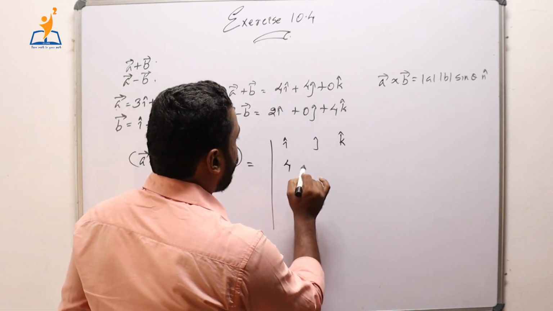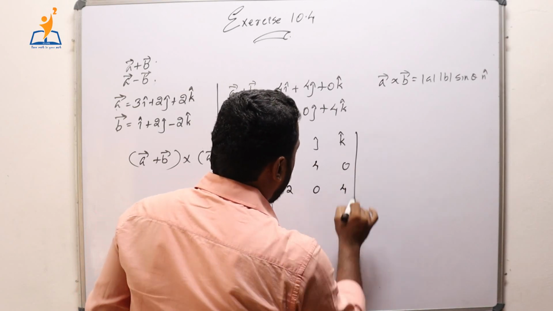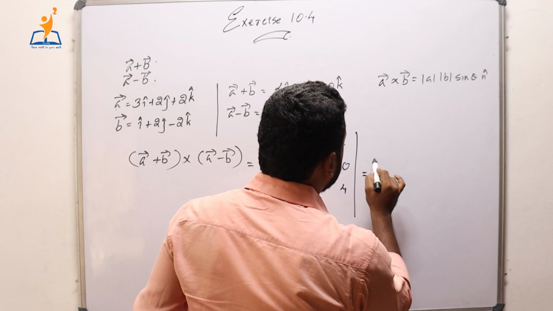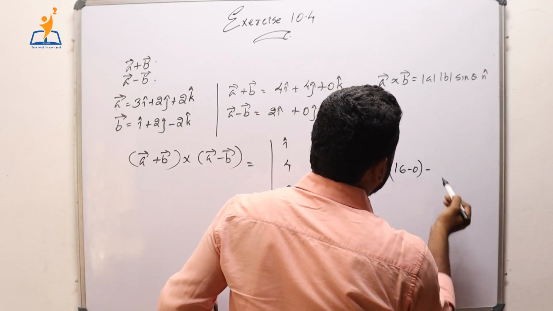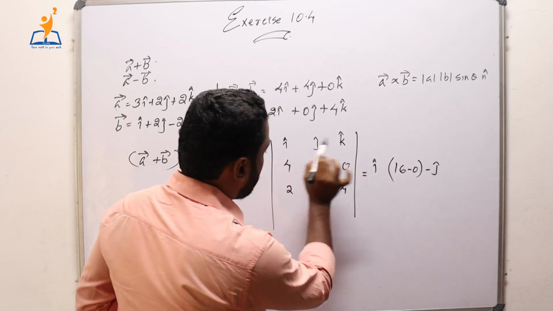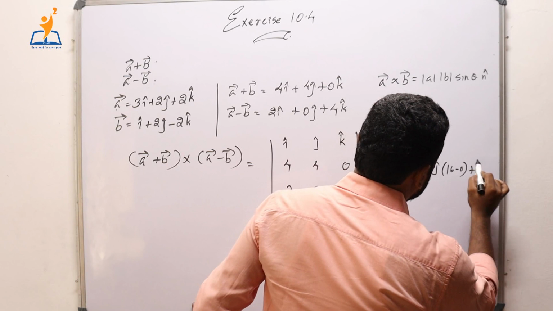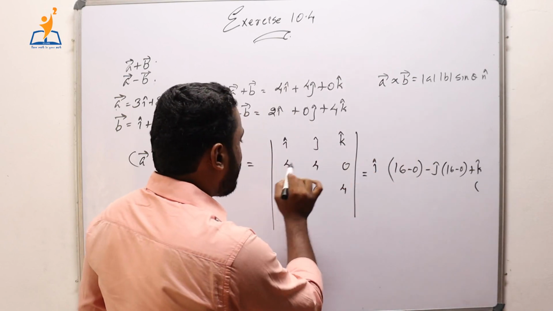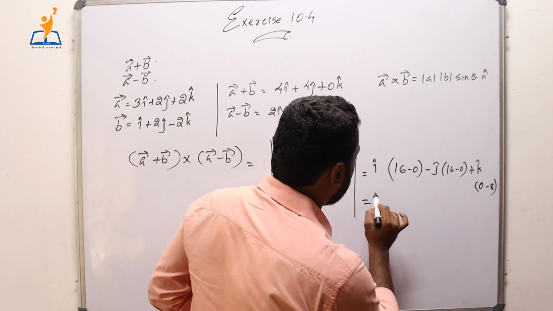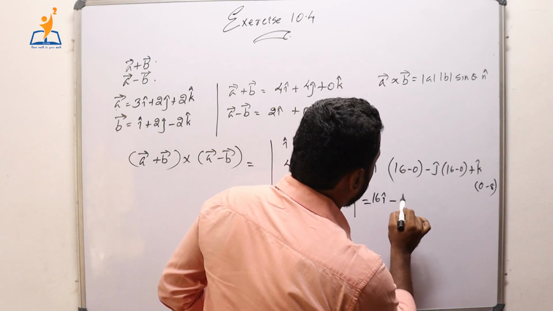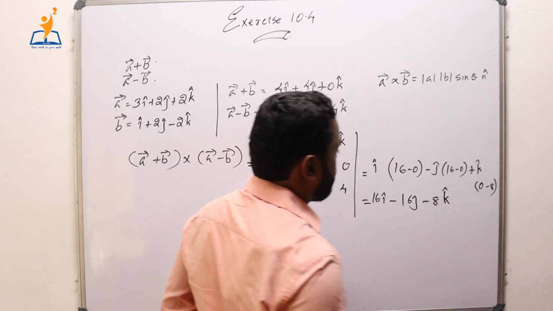It will be 4, 4, 0, then 2, 0, 4, and this will become I cap into 16 minus 0, minus j cap into, again, 16 minus 0, plus k cap into 0 minus 8. So the vector will be 16 I cap minus 16 j cap minus 8 k cap, right?